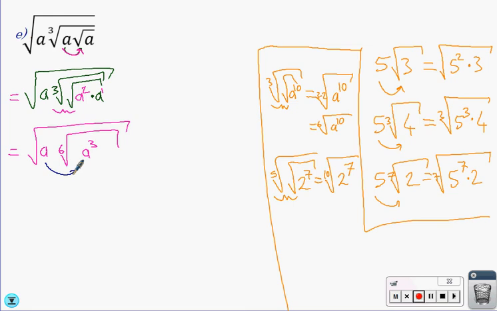Similar process. You put the a inside. Then there will be a square root in the beginning. A will be gone, and after the square root we have the 6th root. So I'm going to put this a inside as a to the power of 6, because right now I have the 6th root.